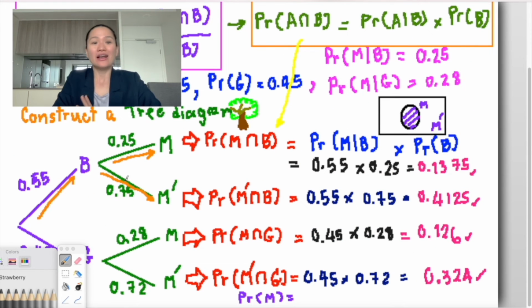Then you construct a tree diagram and find out all of them, and then apply this knowledge, the formula, with all of them. Another question, if they want you to find the probability of the girls who do not prefer math, you need to understand it means P(M' intersect G). That's it.